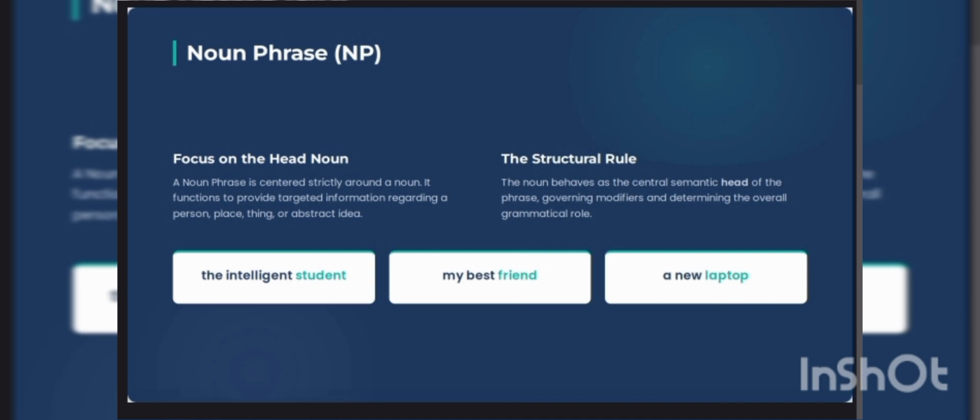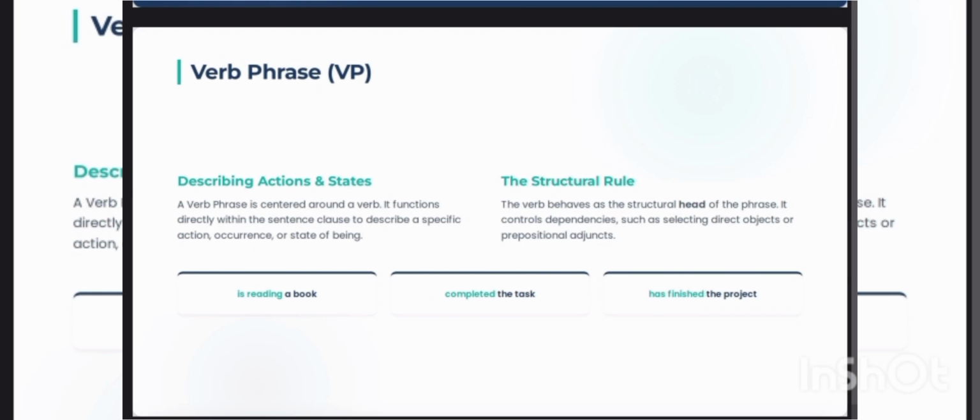Now we'll move toward the verb phrase. The next important phrase is a verb phrase, abbreviated as VP. A verb phrase is centered around a verb and describes an action, event, or state of being. The main verb serves as the head of the phrase, while other elements may provide additional information. For example: is reading a book, completed the task, has finished the project.